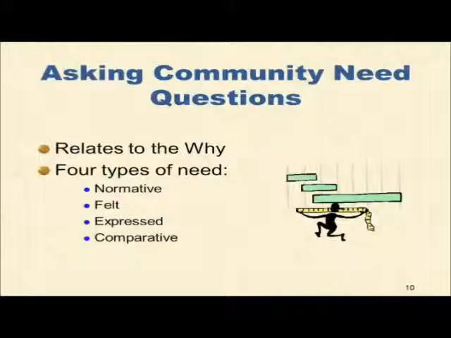And then there is the fourth type of need, which is a comparative need, relatively speaking. Now, relatively speaking, children who grow up in a community that has a lot of violence and drugs and those situations, when those children grow up, there's an increased chance of them being involved in the criminal justice system, and that is a comparative need.